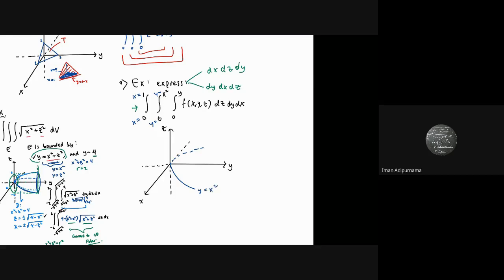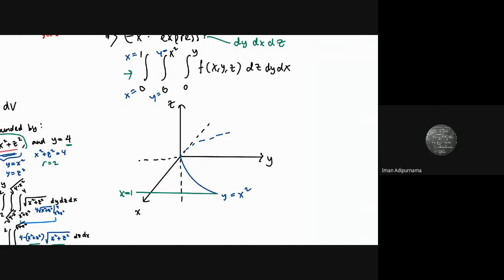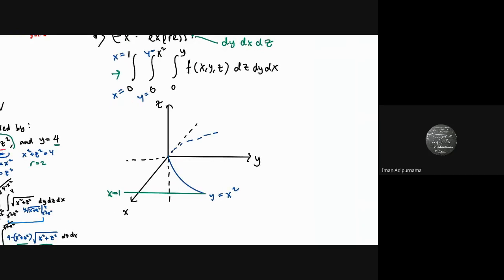This is y equals x squared, and this is x equals 1, although the proportion is a little bit wrong, but I think it's correct. Yeah, x equals 1 there, x equals 0 here, and the origin there.